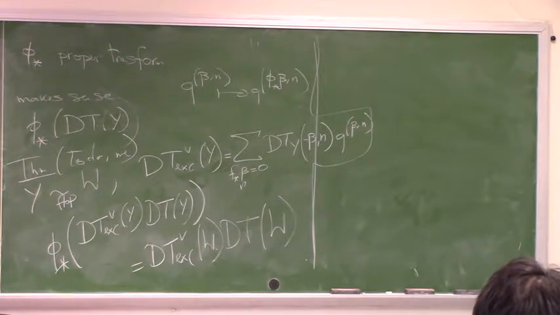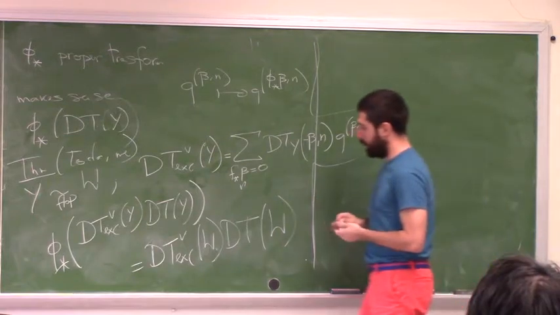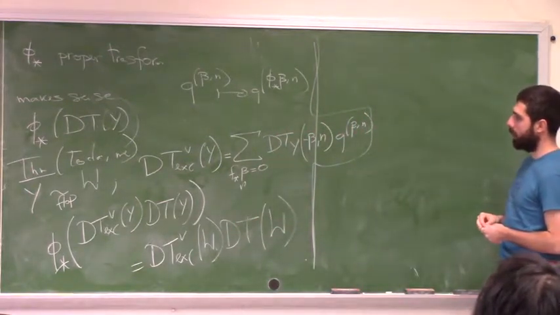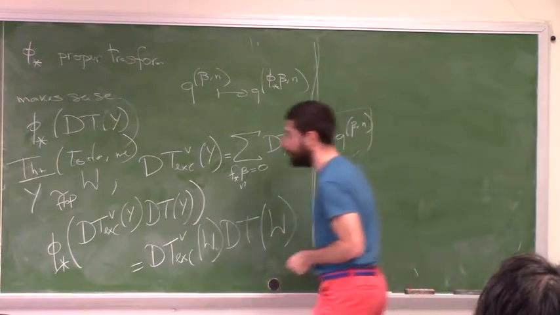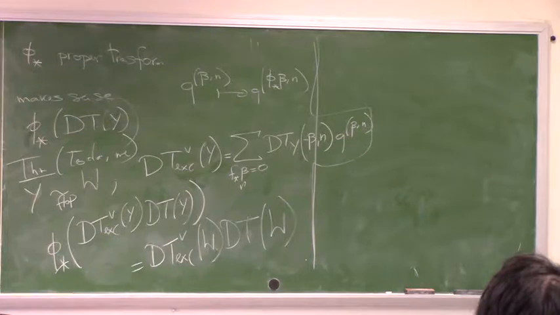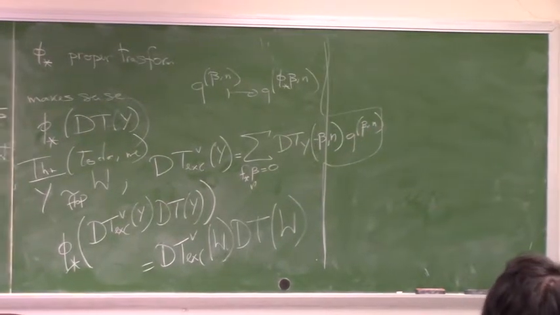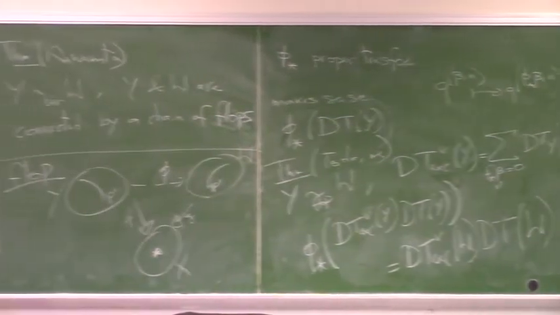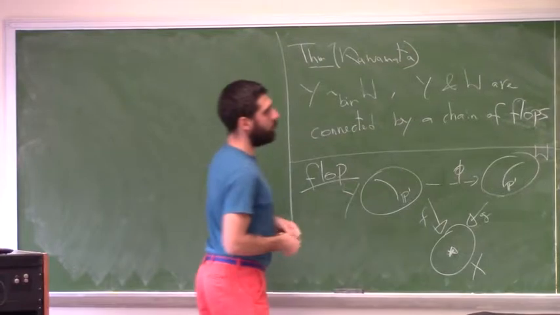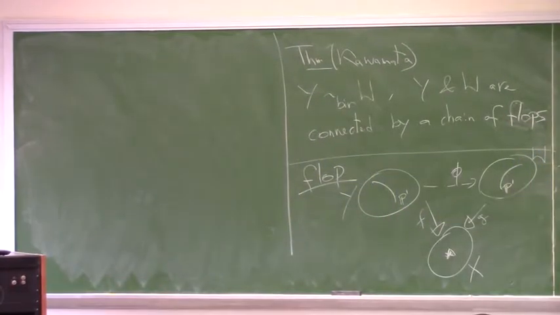Okay. So now I want to try and tell you a little bit of how you can actually prove such a thing. So these invariants were defined in terms of the Hilbert scheme.